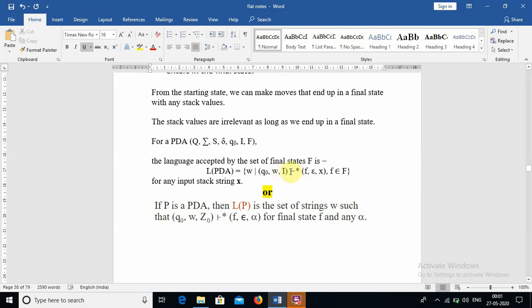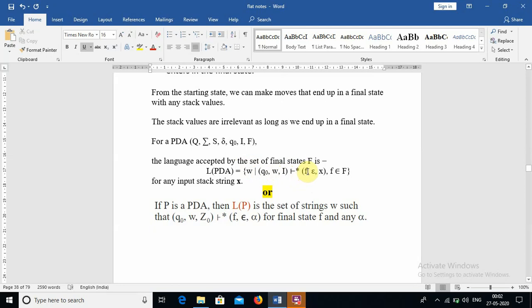And this is nothing but turnstile notation. Star means a set of moves. So from the initial state, by consuming the input string, with the stack symbol I, we reach f, which is nothing but a final state.